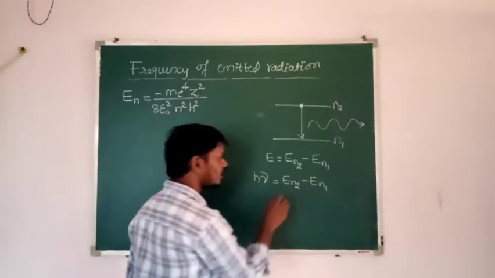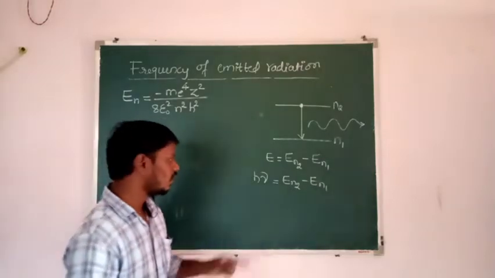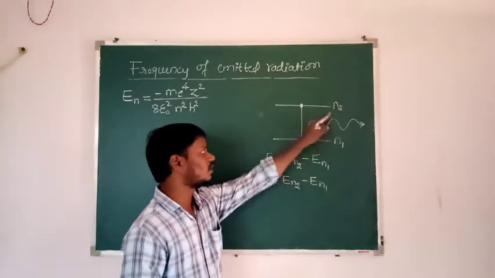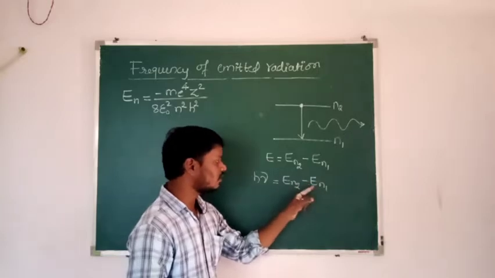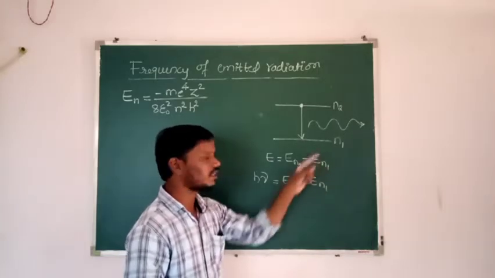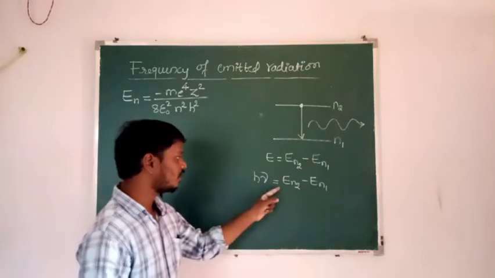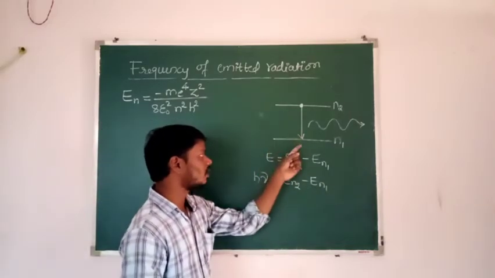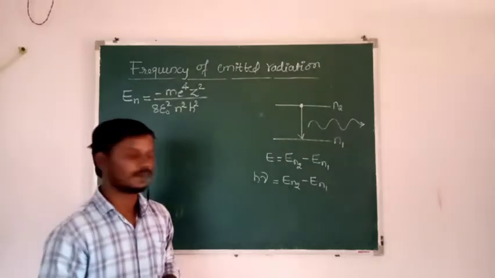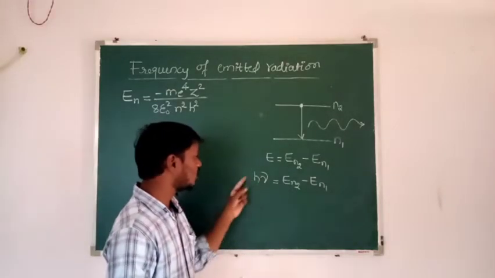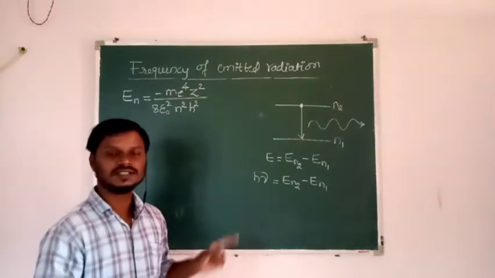So what is En2 here? En2 is nothing but the energy of the electron in the orbit N2. And what is En1? This is nothing but the energy of the electron in the orbit N1. So the difference in energies of the higher orbit and lower orbit gives the energy of the emitted radiation. Then the energy of emitted radiation can be written as h into nu. What is nu?